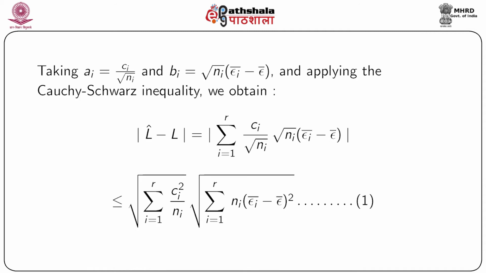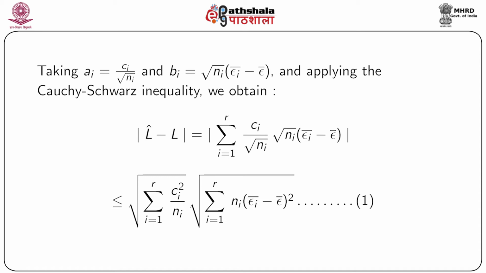Now taking ai equals ci divided by square root of ni, and bi equals square root of ni times (epsilon i bar minus epsilon bar), and applying the Cauchy-Schwarz inequality, we obtain the following.